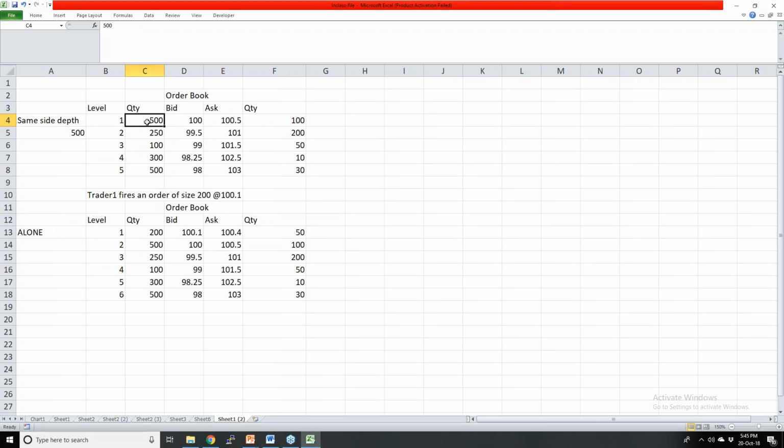So it is the sum total of all the order quantities at the best bid. Alone is if your order is the only order at the best bid. Is it clear? Because the same side depth would be equal to your order size. So here the same side depth is 200.